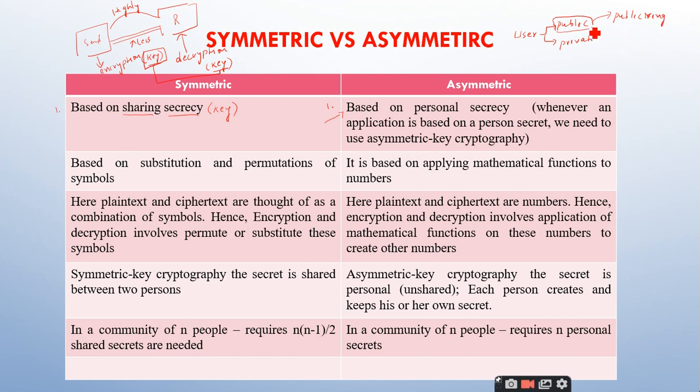Like that, this public key is kept open so that every person in the community can access it. But the second key, which is generated by the user, the private key, is very confidential and should not be exposed. It should be kept secret, with the user only. If this private key is exposed, then everything is compromised.